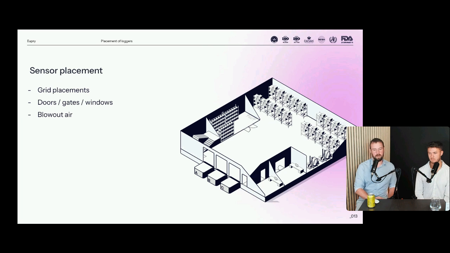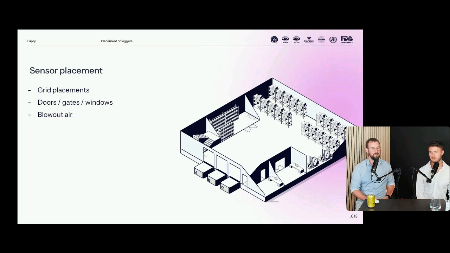So thirdly, blowout air, that's also one of the large contributors to inhomogeneities and instabilities of temperature. So that's basically when you have your temperature control system, your HVAC system, where the air is leaving nozzles or fans, that air will have significantly different temperature than the average temperature, and that should be monitored if there are products near that.